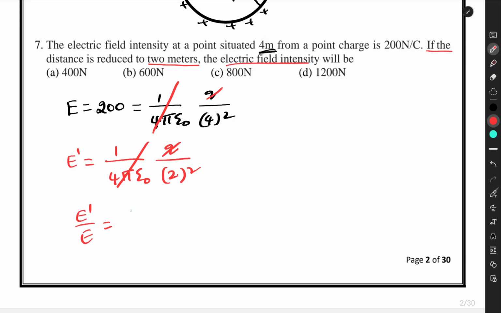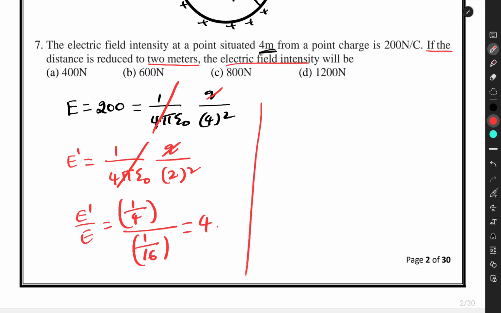Then for E dash you have 1 by 2 square, that is 4, divided by 1 by 4 square, which is 16. So that is 16 by 4, which is 4 times. So I will get E dash is equal to 4 into E.